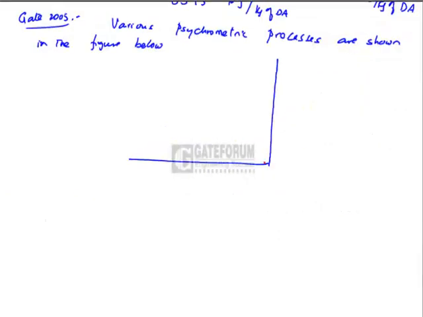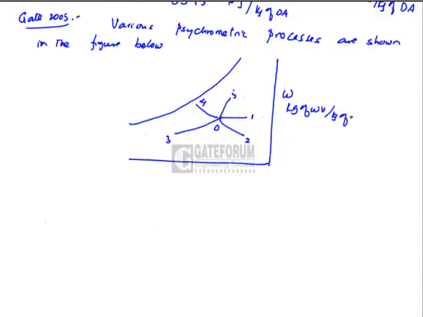The figure is given like this. 0 to 1, 0 to 5, 0 to 4, 0 to 3, 0 to 2. The vertical axis is kg of water vapor per kg of dry air, that is specific humidity, and dBT is given in centigrade.